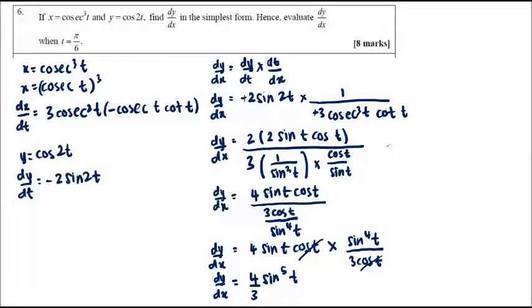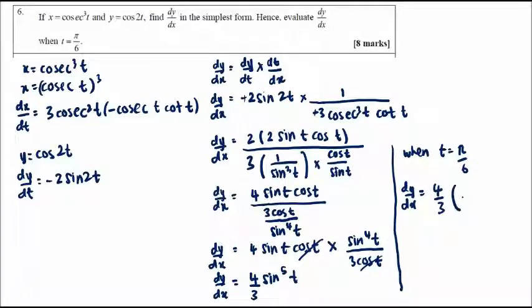Then just substitute. We want to find dy/dx when t is equal to pi over 6. So dy/dx will be equal to 4 over 3, and then substitute sine pi over 6, to the power of 5.